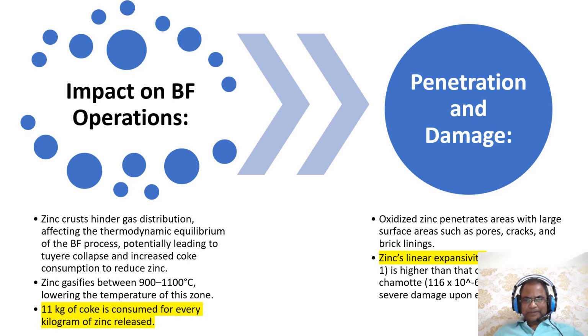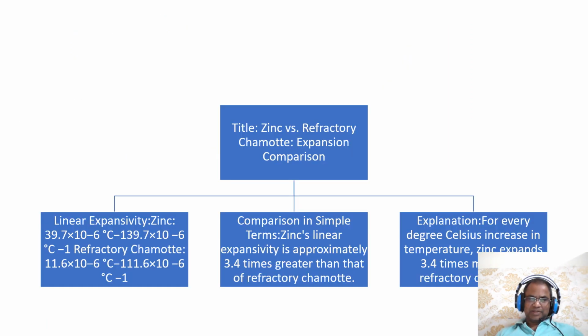As we can see, if you compare the expansion potential of zinc and refractory, zinc has more than 3 times the expansion potential of the refractory, and this creates a huge problem for the refractory where the zinc hides itself.